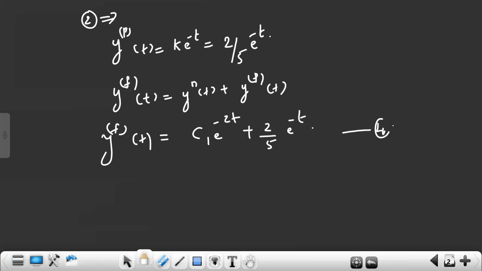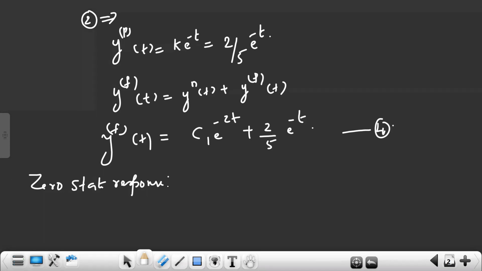But we don't know the value of C1 here. So in order to find the value of C1, what do we have to do? We have to take our initial conditions. Since it is given as zero state response, correct? While finding the forced response, we always have to take initial conditions as 0.